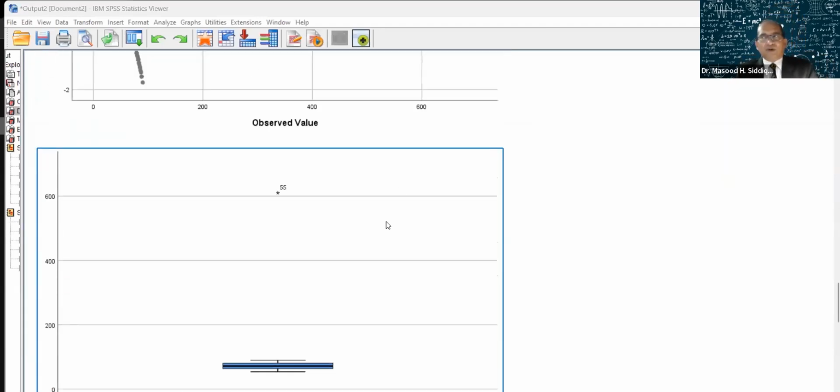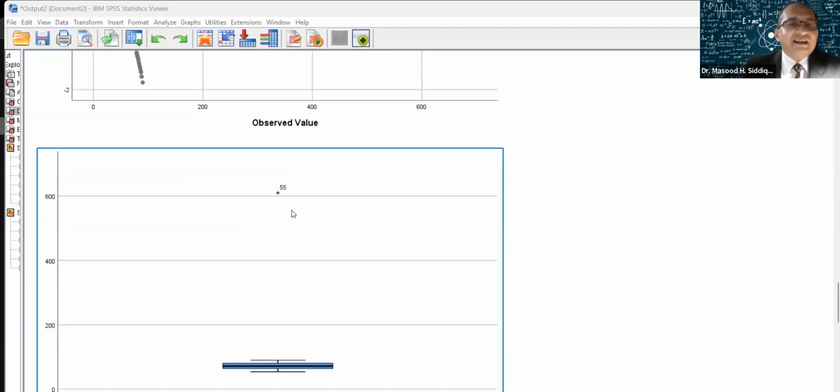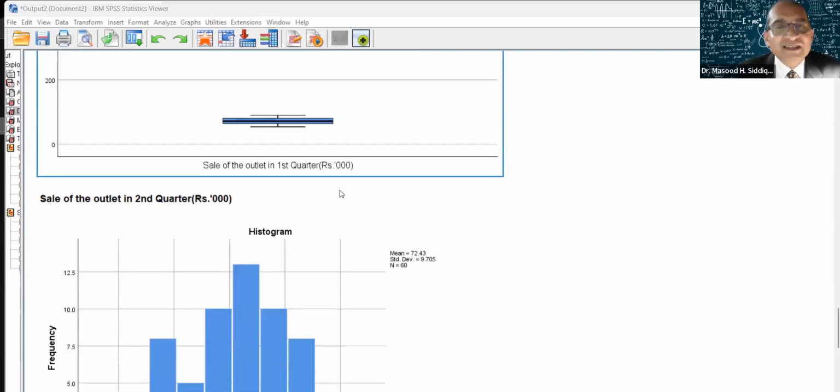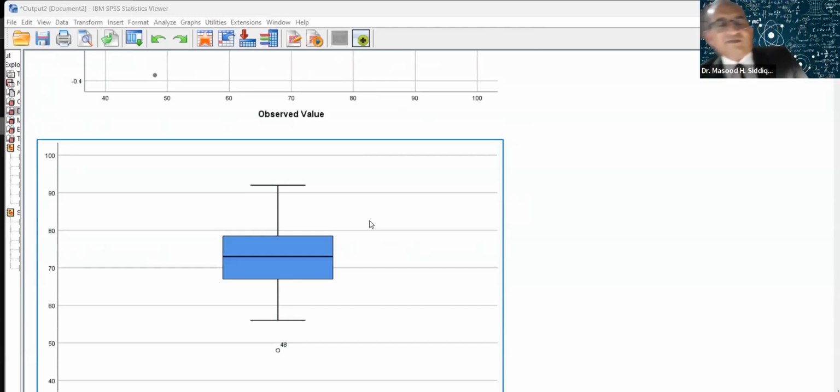This is the box plot, and you can see that there is an observation at case number 55, which has the value 610, and it is denoted by a star. But if we go to the next case, the Q2 data, there is also a value that goes beyond the whiskers, right?